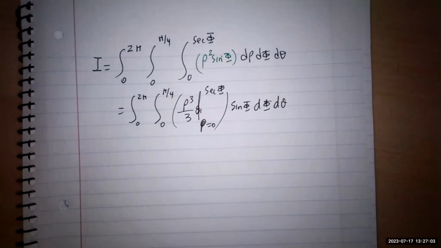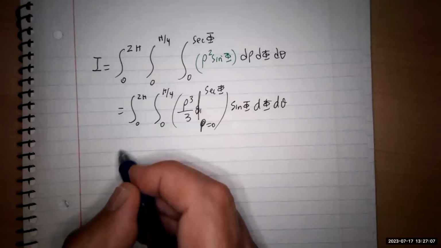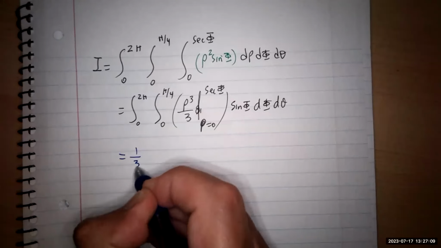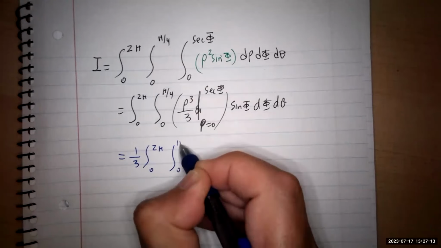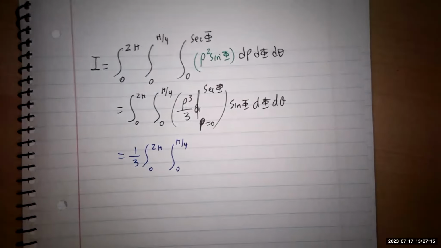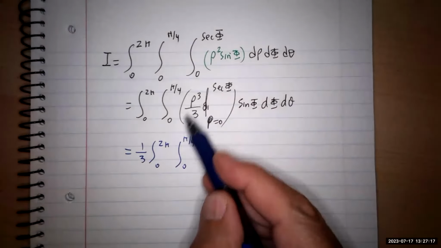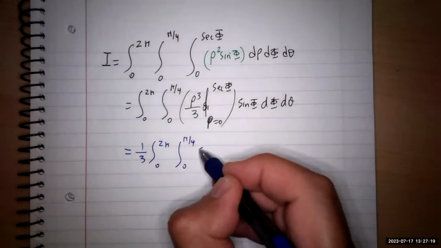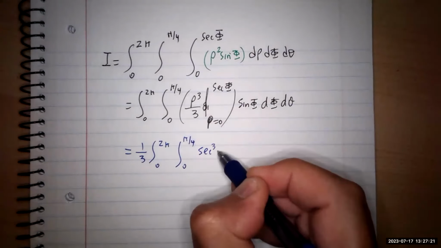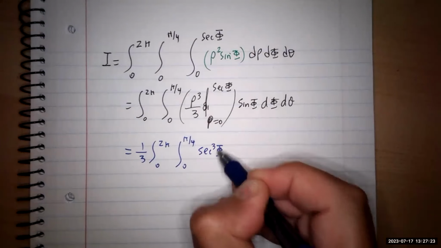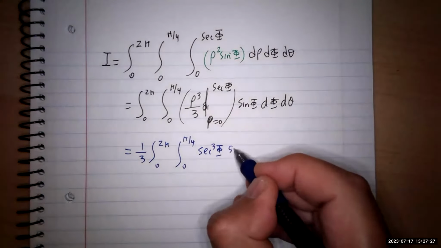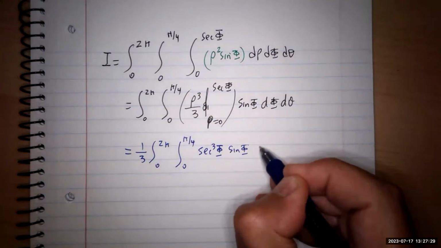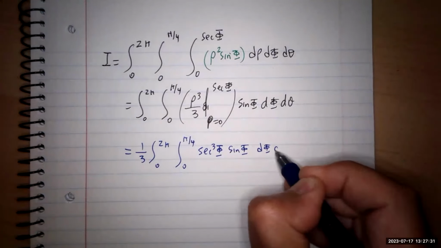Now we substitute. You can pull out the 1/3. So it's going to be 1/3, 0 to 2 pi, 0 to pi over 4, and this is going to be secant cubed, I told you before, secant cubed times sine of phi, d phi, d theta.